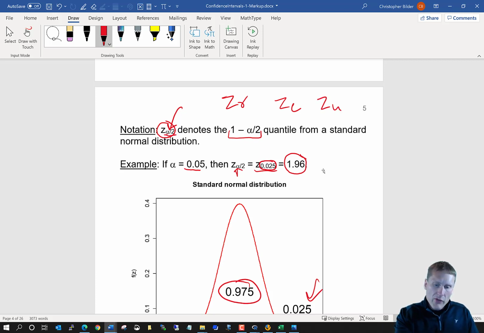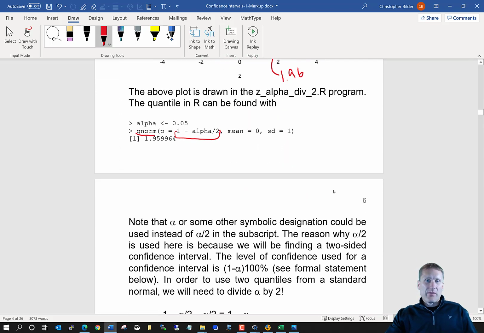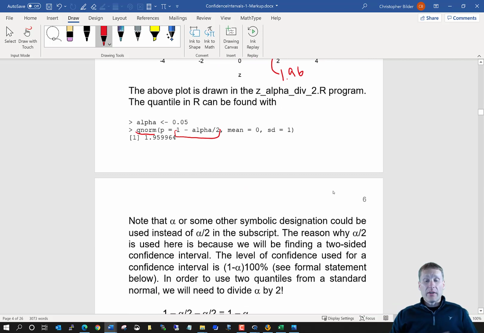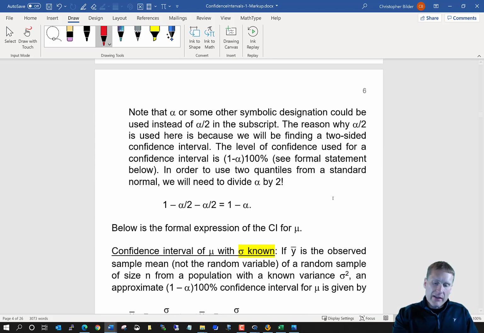The reason you see alpha divided by 2 there is connected to when we formally define this confidence interval, so it can be at any level of confidence. In this interval statement that we're just about to get to, there are going to be essentially two different uses of this z of alpha divided by 2.